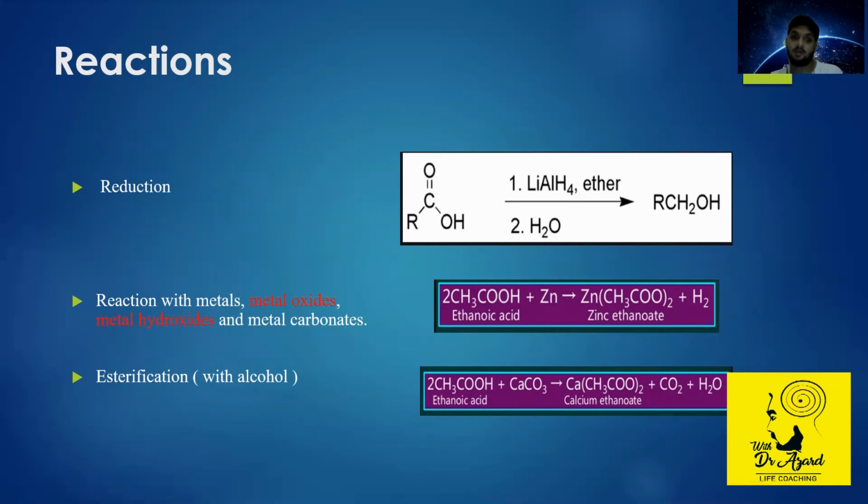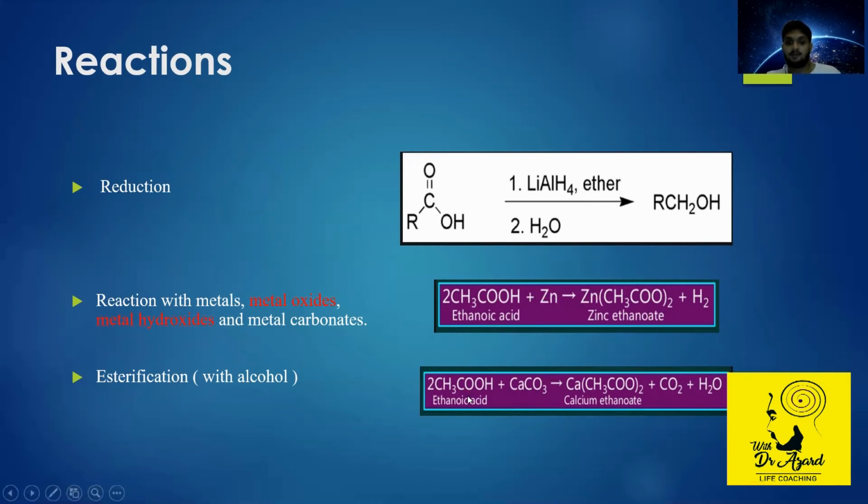For example, the way normal strong acids reacted with metals, metal oxides, metal hydroxides and metal carbonates, they will react in a similar pattern with carboxylic acids. I've given you two examples, with metals and metal carbonates. If you react ethanoic acid with a metal, which is zinc in this case, you are able to get a salt and hydrogen gas. All right.